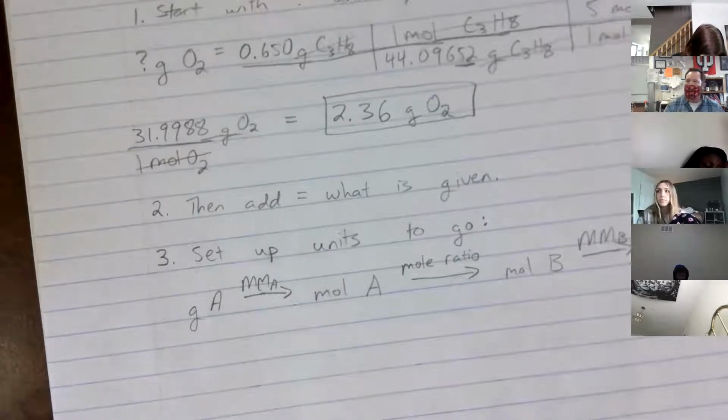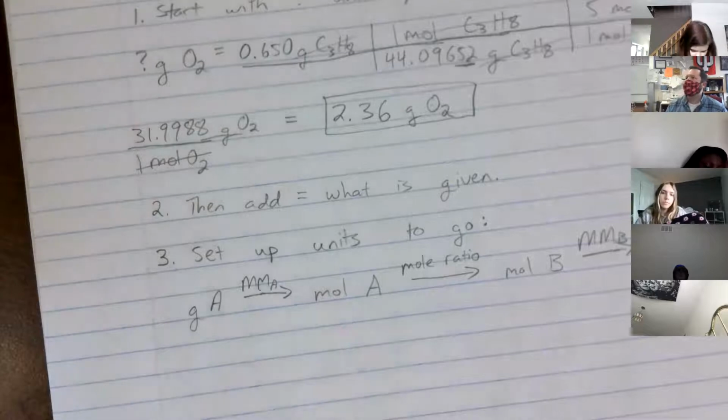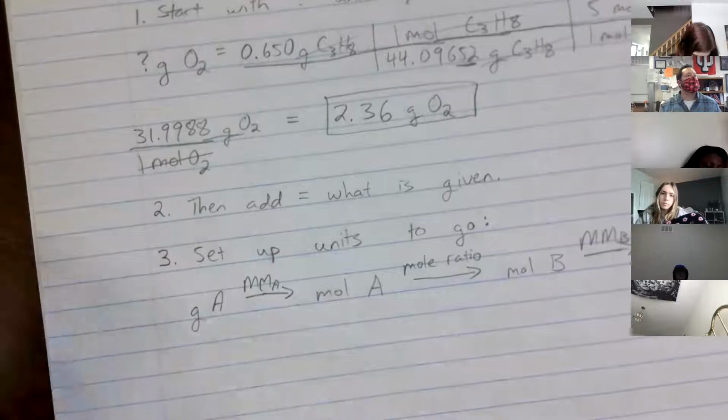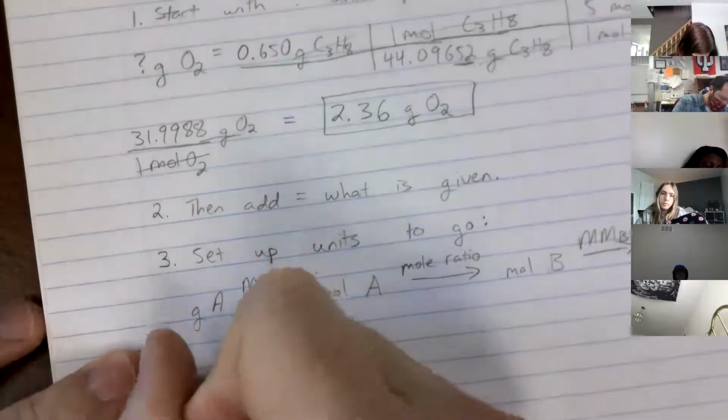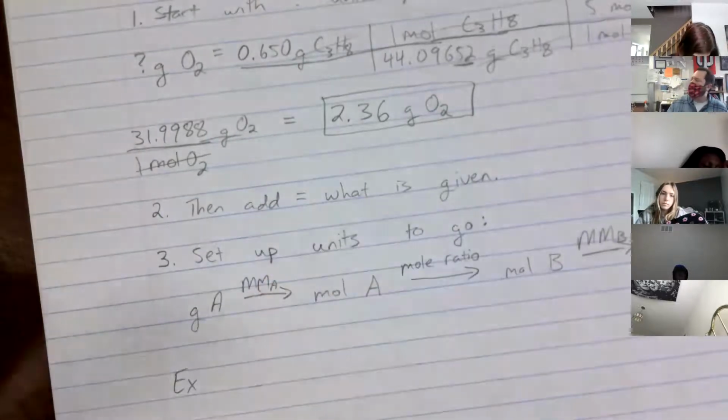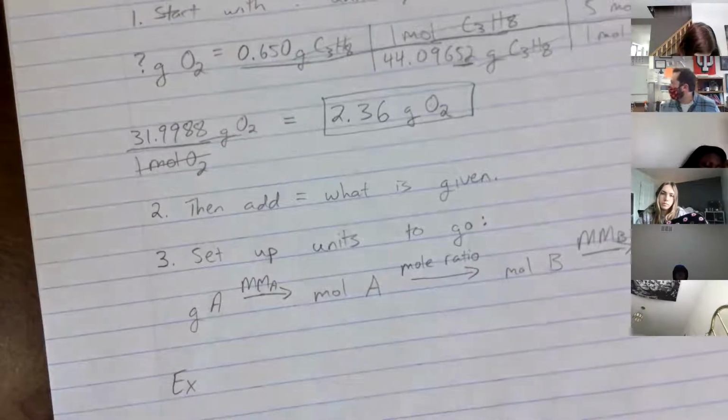Cool. All right, lots of work for a stoich problem. Yeah, these are pretty big problems. But here's the nice thing. A lot of times I have a follow-up question, and you've already got most of the work done. So there's kind of a silver lining to these types of problems.